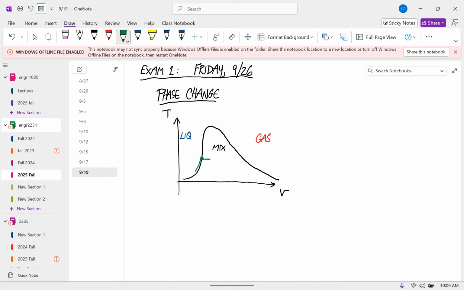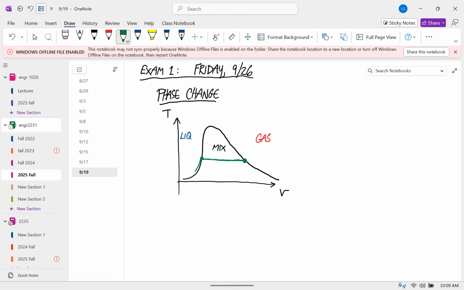So these lines that I'm drawing, I'm going to do this one and then I'm going to do another one at a higher pressure. But these are constant pressure lines. So you can think of this as like at regular atmospheric pressure. This is like water in a pan that's going from liquid to steam. And as you keep increasing internal energy, that temperature stays the same until you've put quite a bit of internal energy into it.